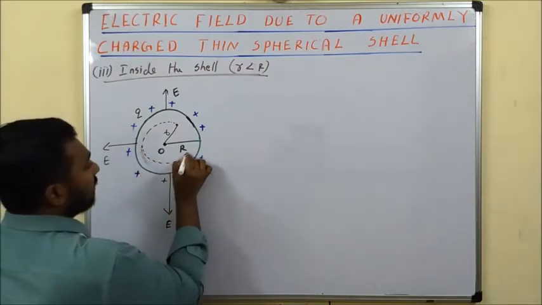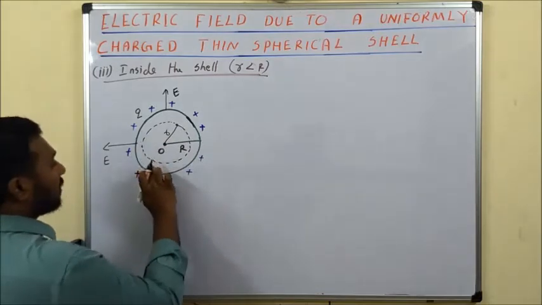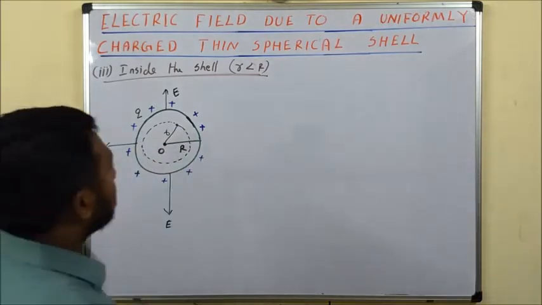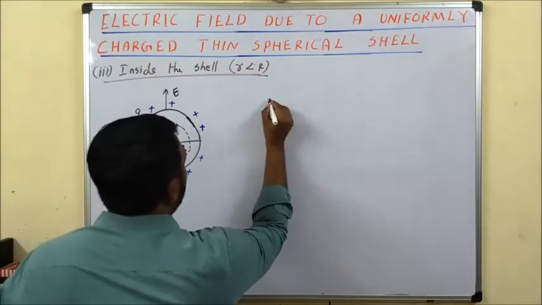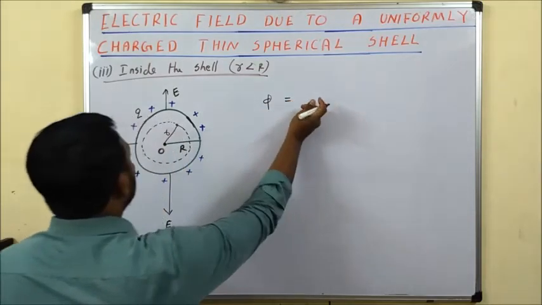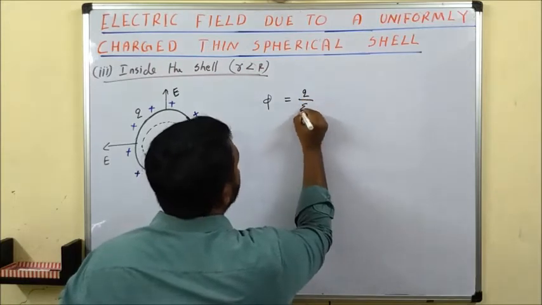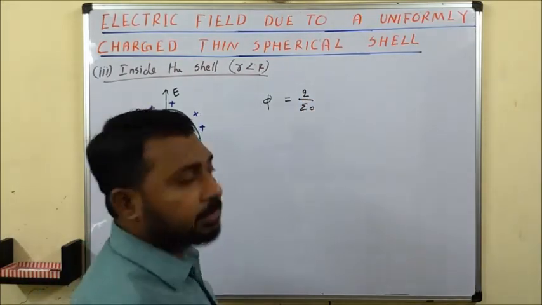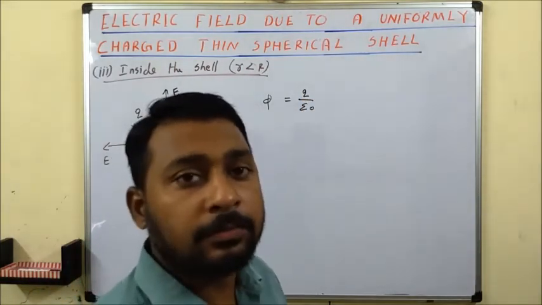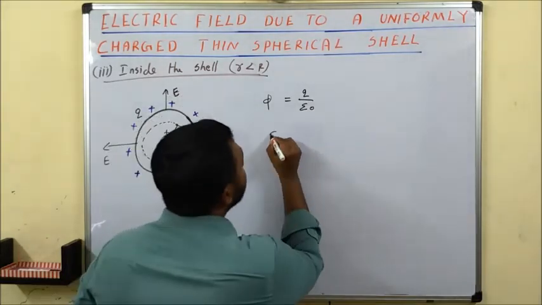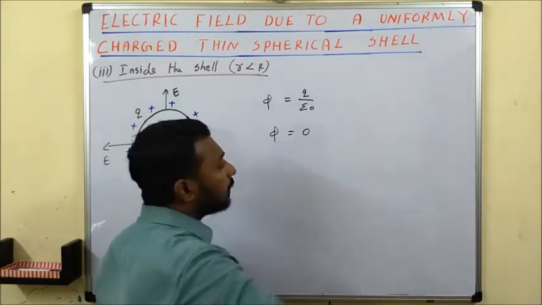Okay, so this is our Gaussian surface. In this Gaussian surface, the flux phi is equal to, you know the formula, Q by epsilon naught. And do you know this flux is equal to 0? The flux is 0.